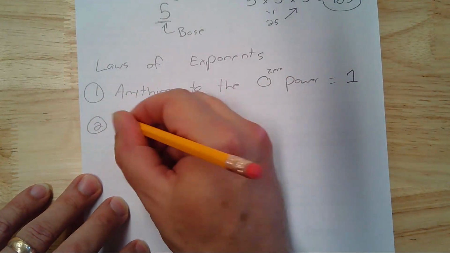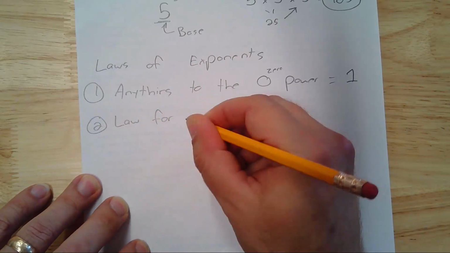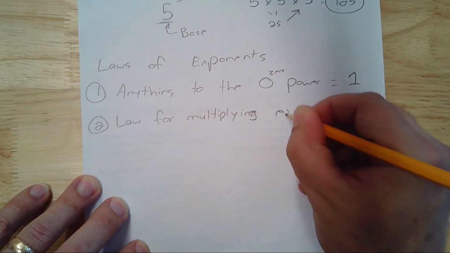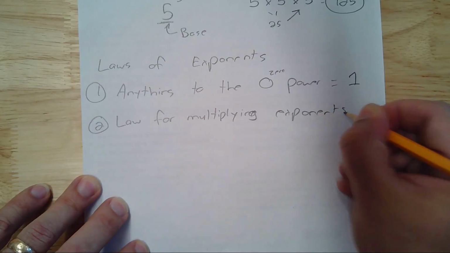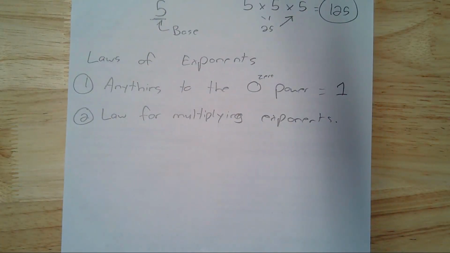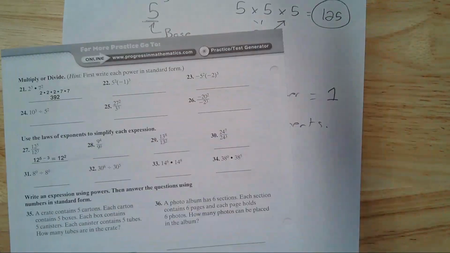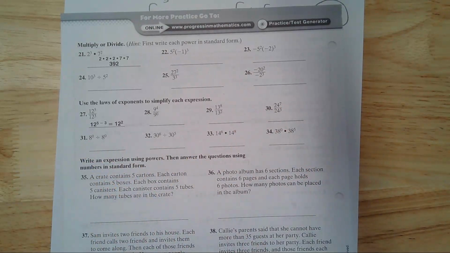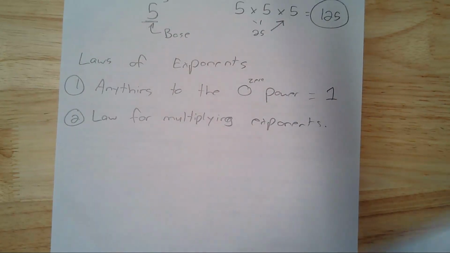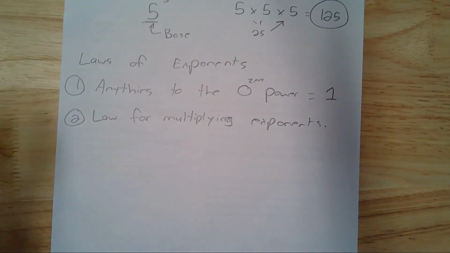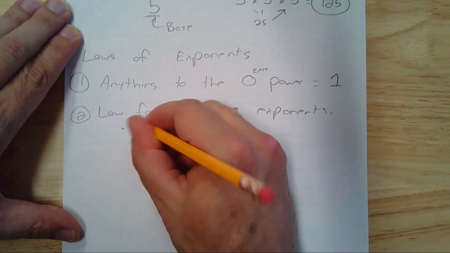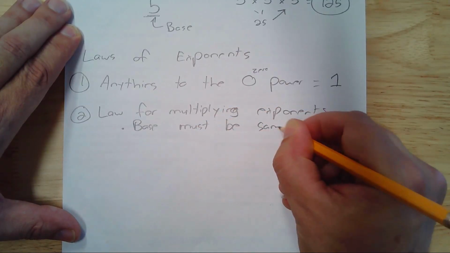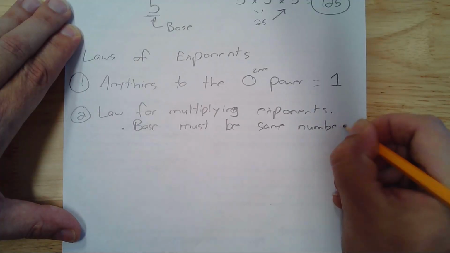Law 2. Law for multiplying exponents. So this law only works if the bases are the same. All these last laws here. So when we get to this over here, notice how the bases are always going to be the same. That matters. So it doesn't matter what the base is, but base must be same number for this law to work, otherwise the law doesn't work.